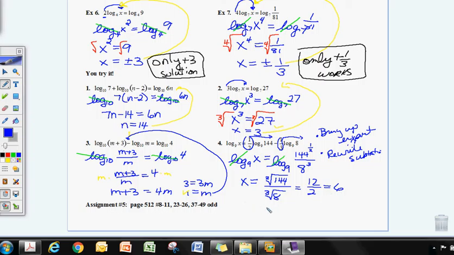Okay, I end up with an x value equaling 6. Don't forget, you got to do a check. Check, it works.